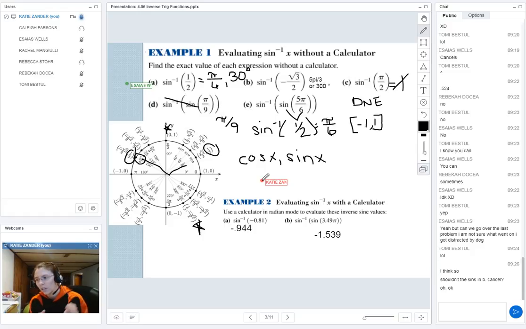So it's doing a little bit extra work for us there by bouncing it back into quadrant 1 or 2. So that's why you're not getting the 3.49 pi as your answer, because that 3.49 pi is not within the restricted domain. And that's actually going to lead us up nicely into an upcoming slide. So I'm glad that you found that or saw that problem there.